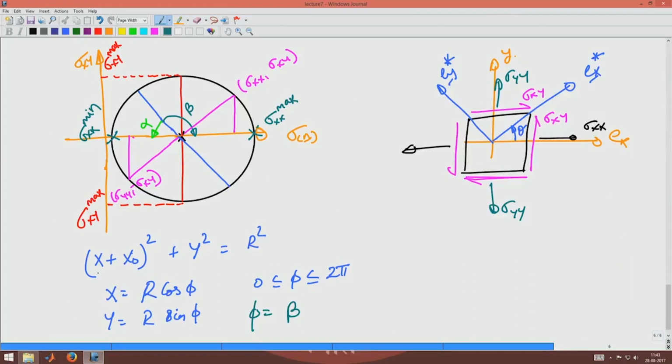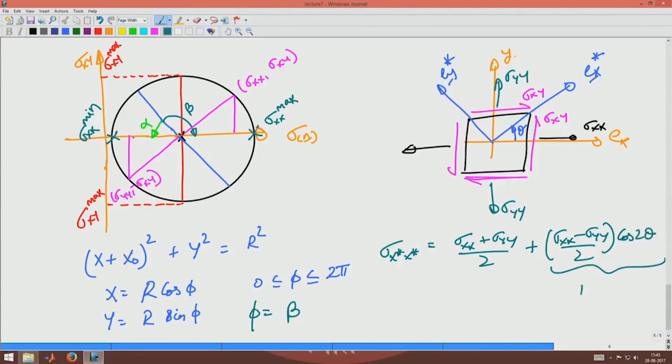Similarly, here in our problem your x is nothing but sigma x star, and in that case you have the expression sigma x star as (sigma xx plus sigma yy) by 2 plus (sigma xx minus sigma yy) by 2 cos 2 theta plus sigma xy sin 2 theta, which is nothing but r cos phi, where phi is 2 theta. 2 theta is the angle measured clockwise from the plane to another plane.